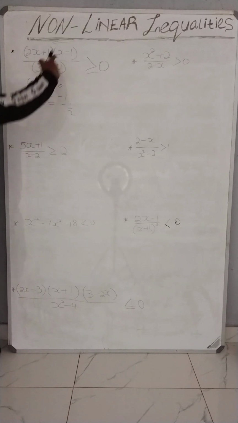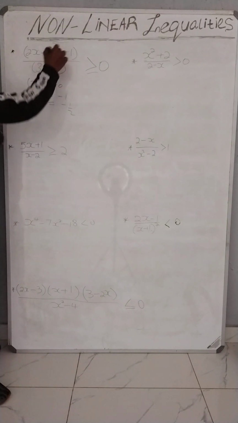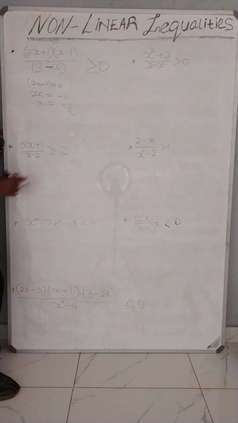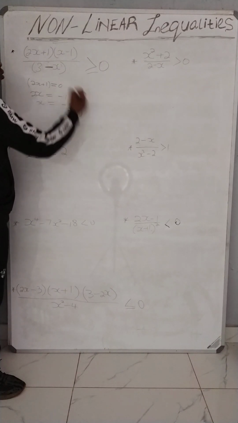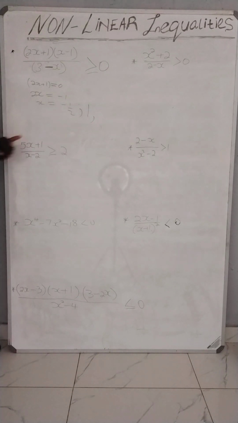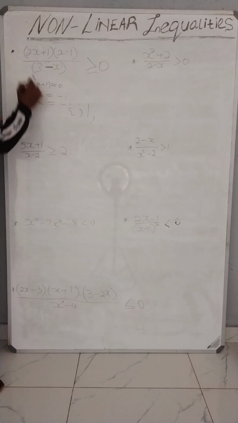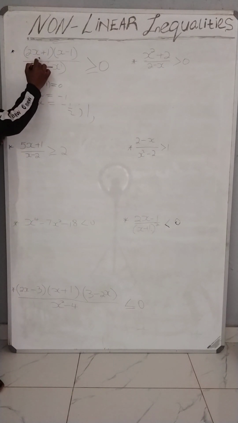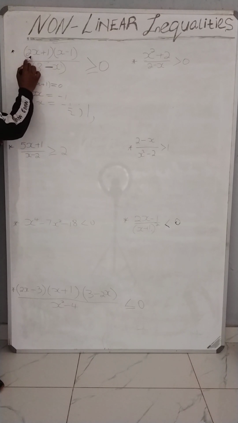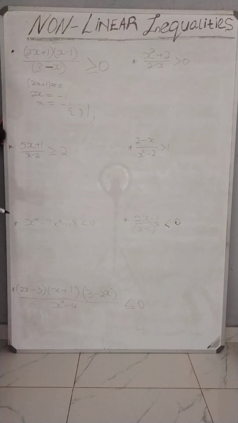For the second factor, your x value is going to be 1, because 1 minus 1 is 0. In the first one, if you say 2 times -half, you're going to have -1, and -1 plus 1 is 0.